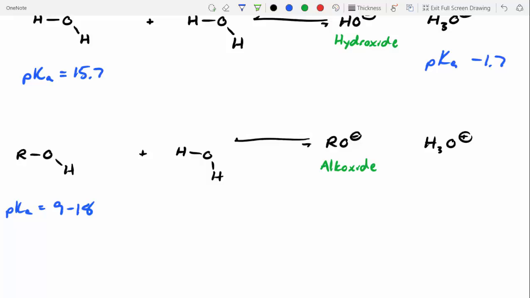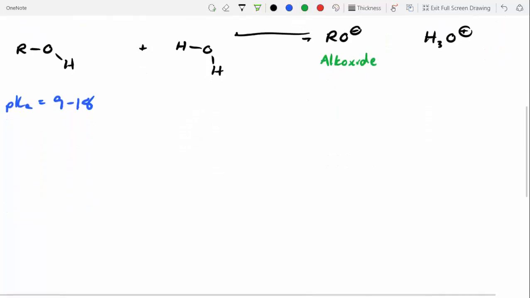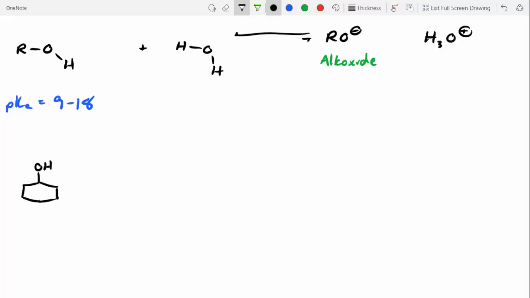So if that R group is inductively withdrawing, that can also change the acidity of alcohols. So let's take a look at an example. We've got this plus water. And I'm just going to use regular equilibrium arrows this time. What will your conjugate base be?